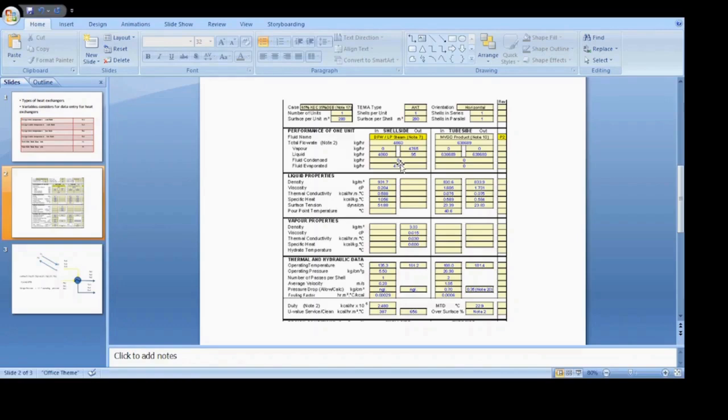Generally the thumb rule is design flow rate equal to 1.1 times the actual flow rate or operating flow rate. So that one we need to consider.